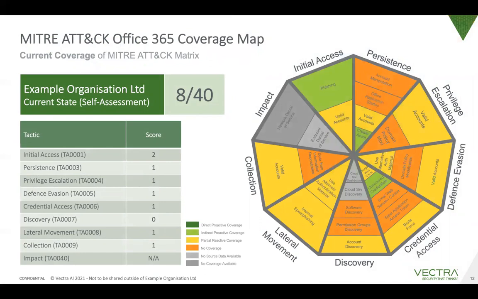In this case, we're seeing a total score of 8/40. And this is typical when we go and do this type of assessments on customer sites. Once again, what's grayed out is there are places that Vectra is not working on, like for instance, the network denial of service that we just seen.